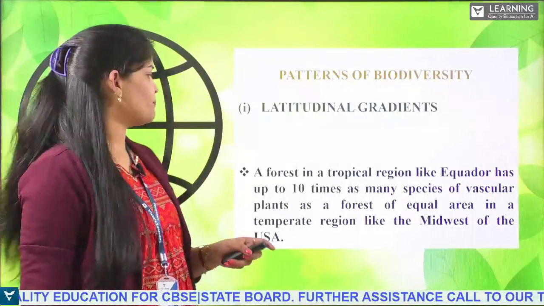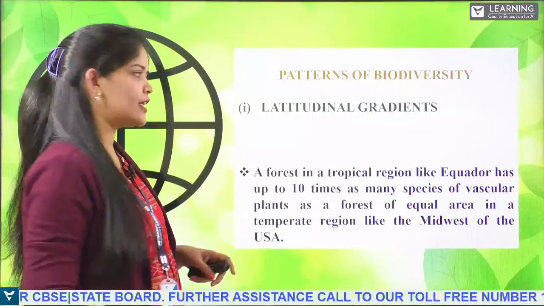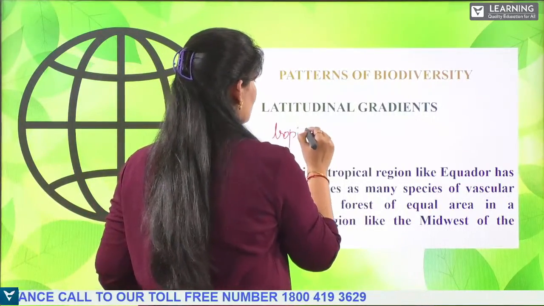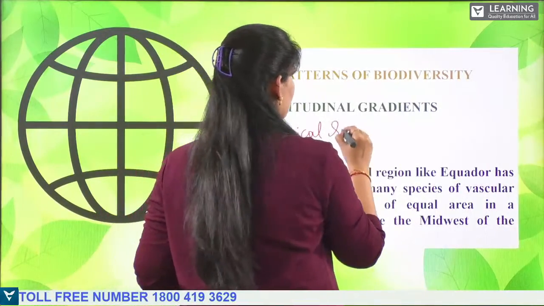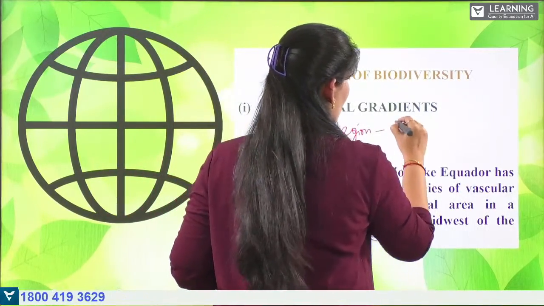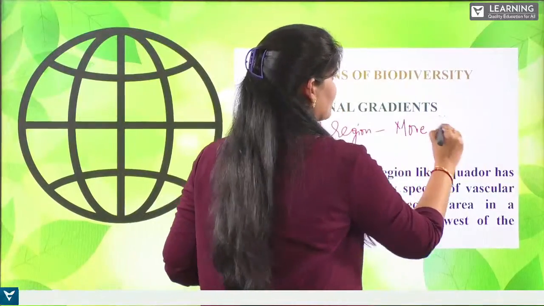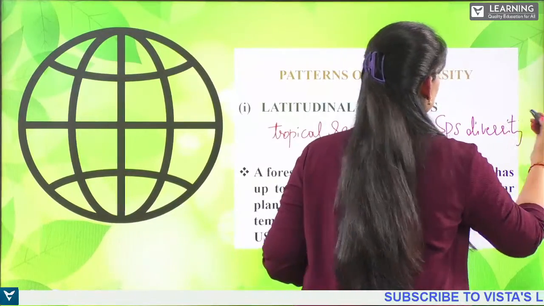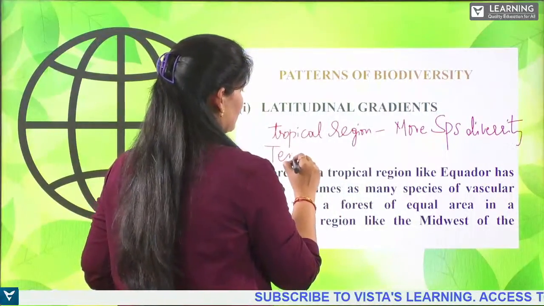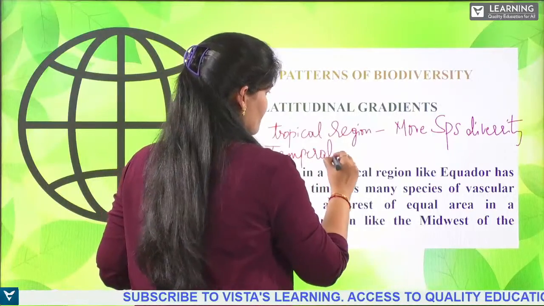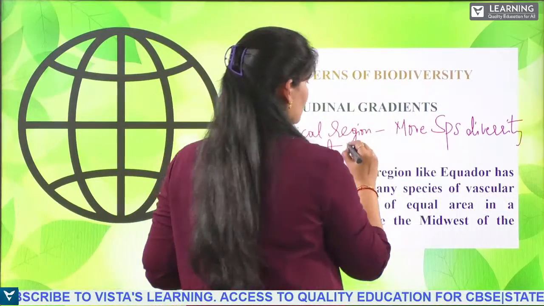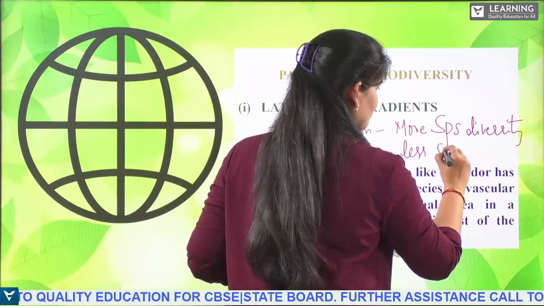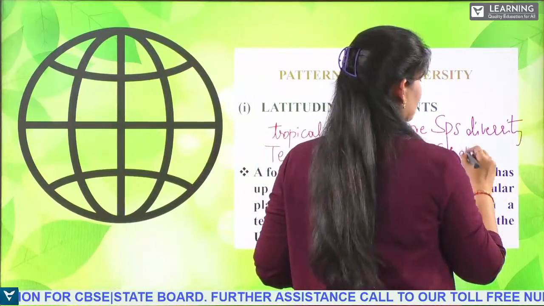So here, a forest, as we already know, simple: tropical region, more species diversity. Remember this. This is simple to understand then. Temperate region, less species diversity.